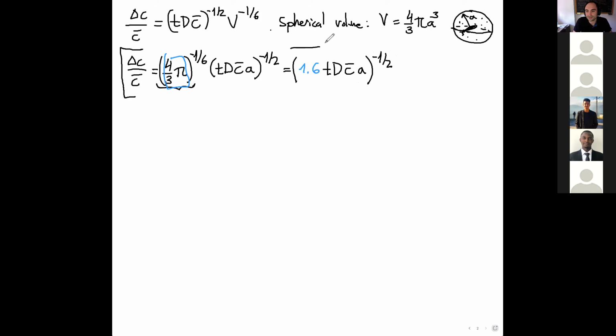And now let's put this formula in practice and see what it means. Let's give an example. First of all, from these formulas, the first important message is that the relative uncertainty goes like 1 over the square root of C. This is a very important result. This is a classic result in biophysics.